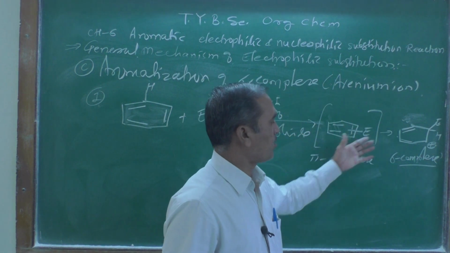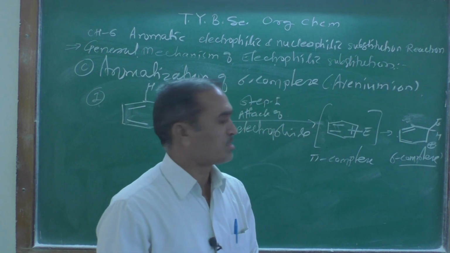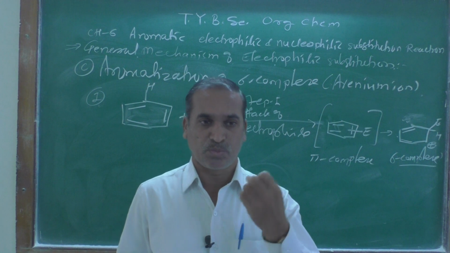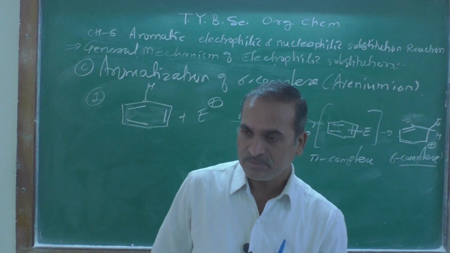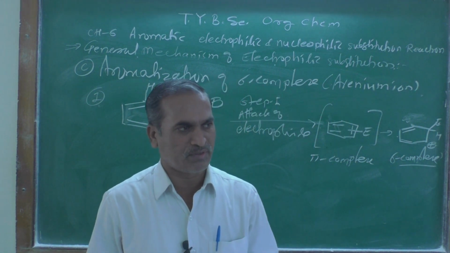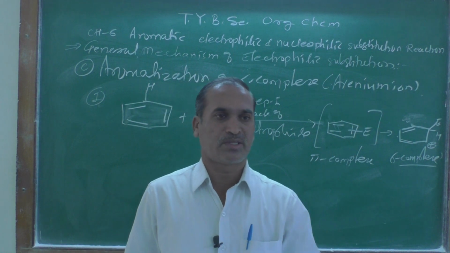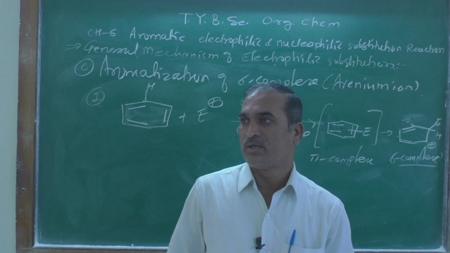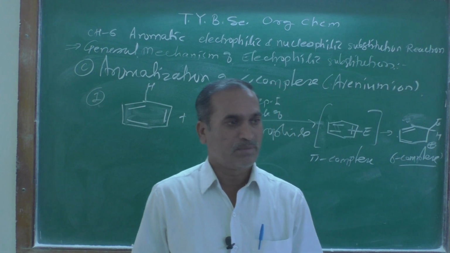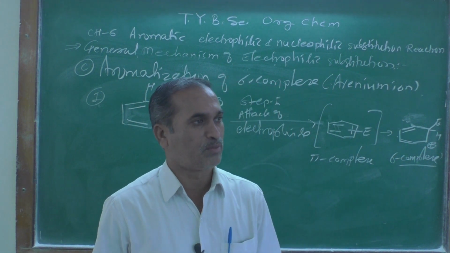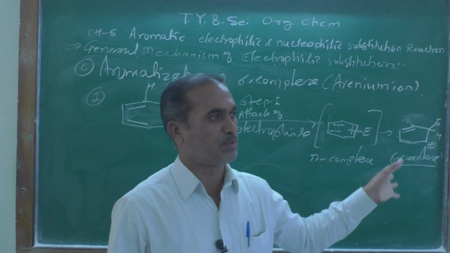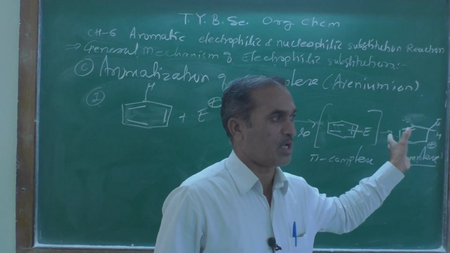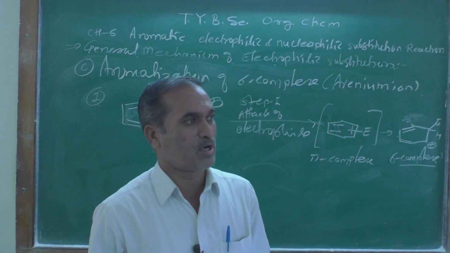After that, the pi complex collapses into a sigma complex, and the existence of the sigma complex is proved by treating ethyl fluoride with BF3, boron trifluoride, and the resulting compound can be isolated and detected as the sigma complex.